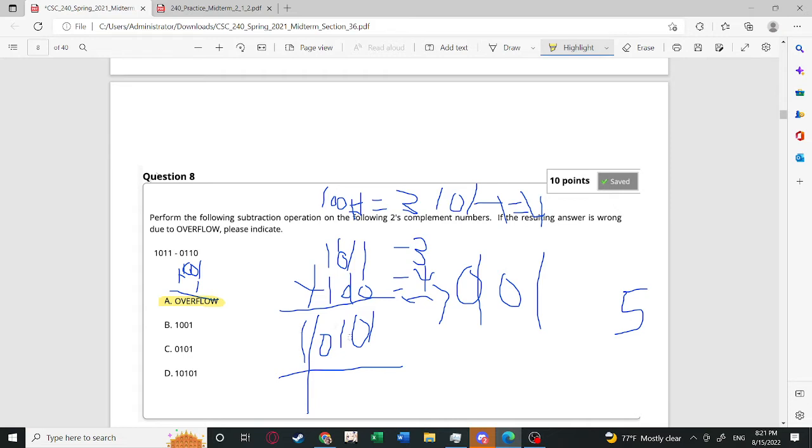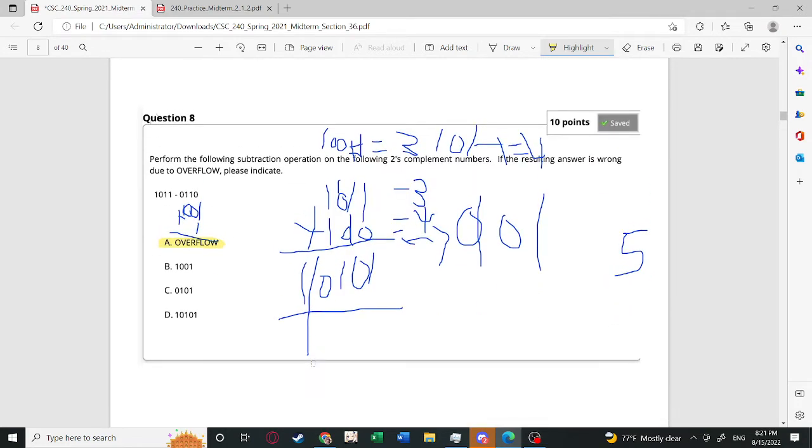If this answer was correct, then it's overflow. Also because two negatives never make a positive. Was that clear?